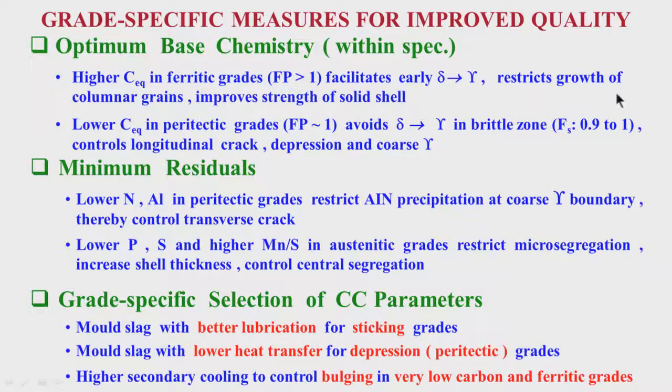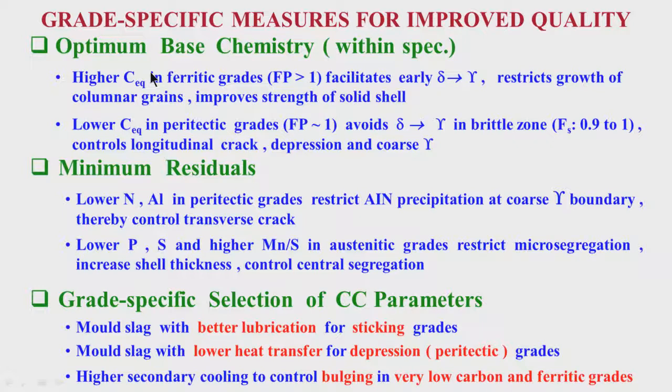So, this restriction of the growth of columnar grains of delta, initial solidification is only columnar, I have told you. So you can control the growth of the columnar grains by how? By adjusting the carbon equivalent, that means the chemistry. You are slightly increasing the carbon equivalent, and in the stainless steel family slightly increasing the nickel equivalent by chromium equivalent.